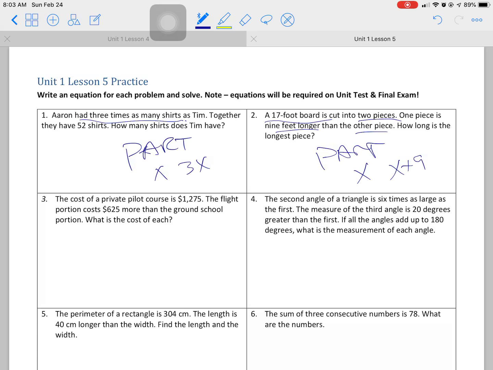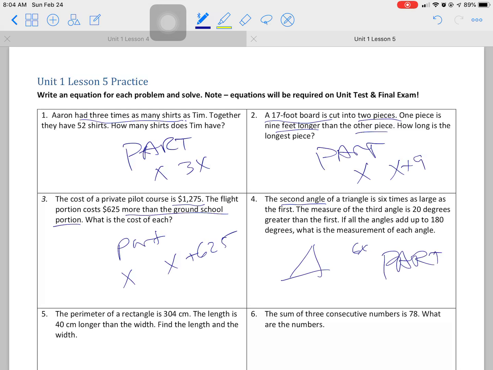There's a cost. Flight school portion is more than the ground school, so that's a part. Okay. Something's x and something's 625 more. Second angle of a triangle is 6 times as large as the first, so that's a part problem.